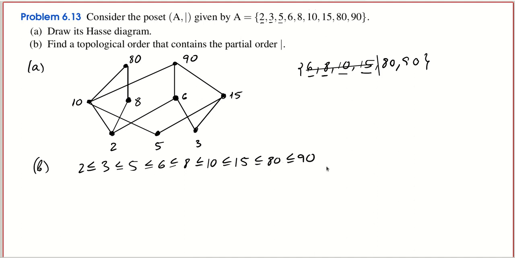And the reason this order subsumes the other one is because if m divides n, then m is smaller than or equal to n, always, right? So this order is compatible with this one, and it's a total order. So this is a topological order. It's not the only one. You can find all sorts of orders, but this is like natural, so why not use this one, right? Okay.